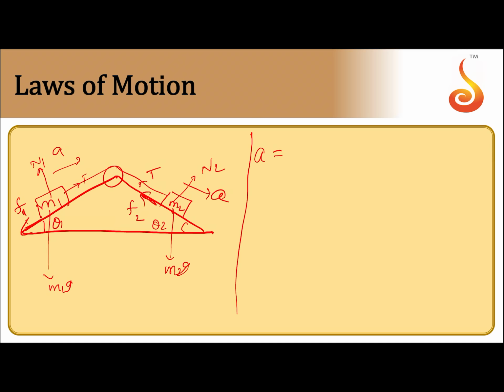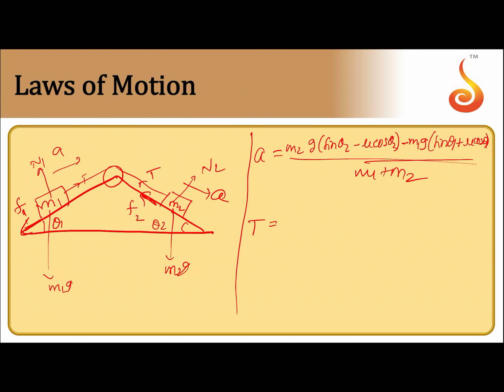Acceleration is equal to M2g into sine theta 2 minus mu cos theta 2, minus M1g into sine theta 1 plus mu cos theta 1, whole divided by M1 plus M2. And the tension in the string can be obtained using the following equations.